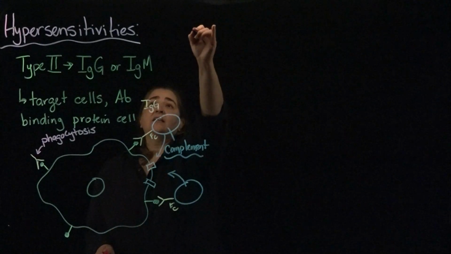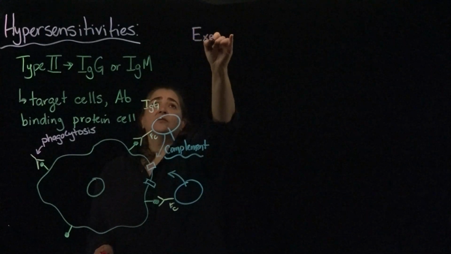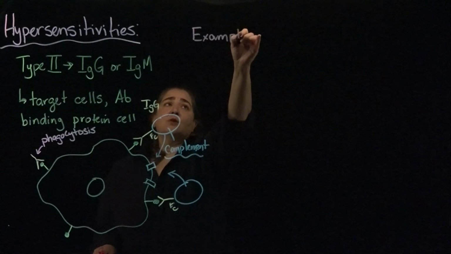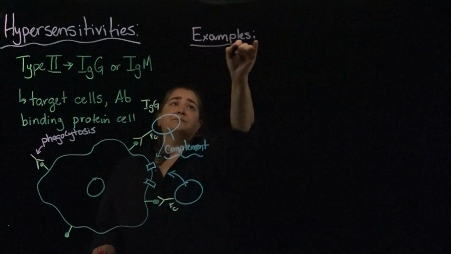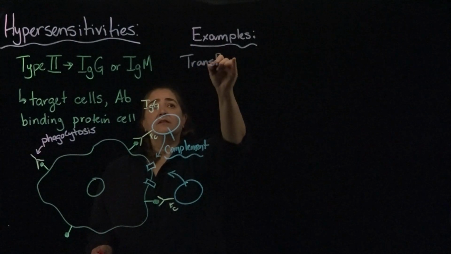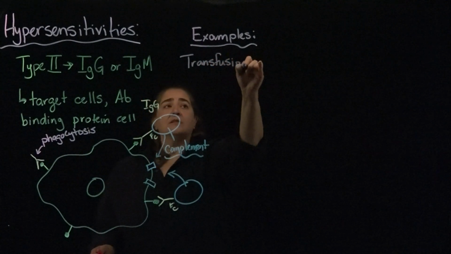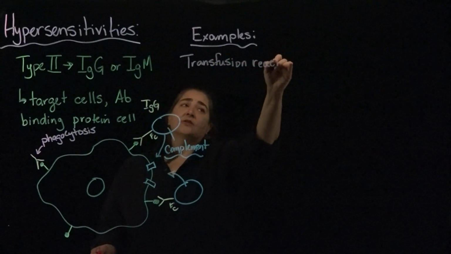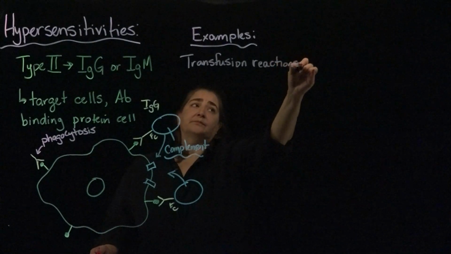Some examples of type 2 hypersensitivities are transfusion reactions.